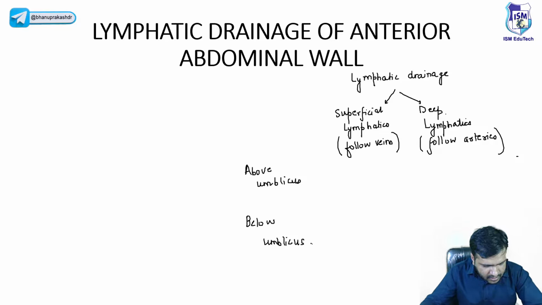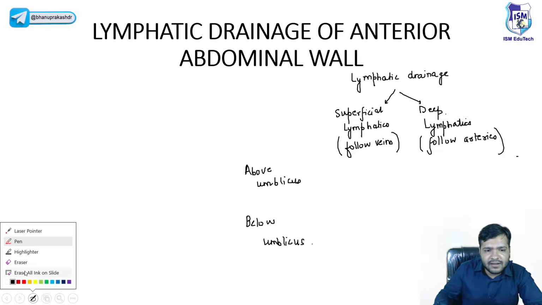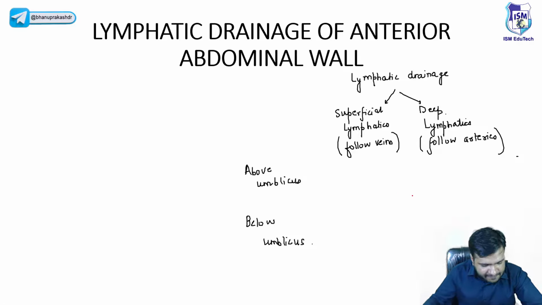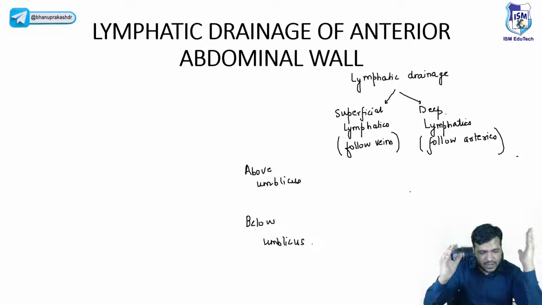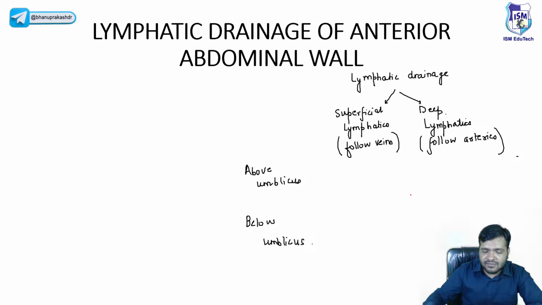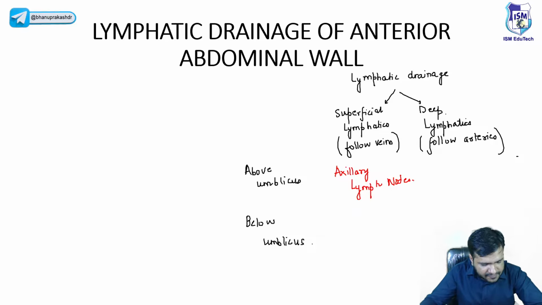Now, above the umbilicus, the superficial lymphatics drain into the axillary lymph nodes. They drain into the anterior, or we can say the pectoral group of lymph nodes, which you already know is the axillary group of lymph nodes.